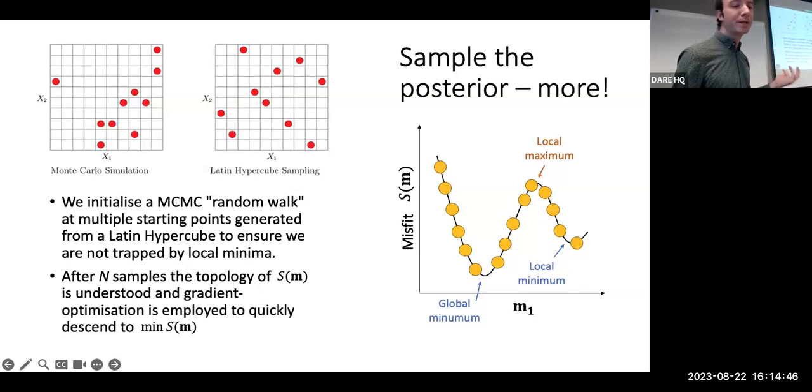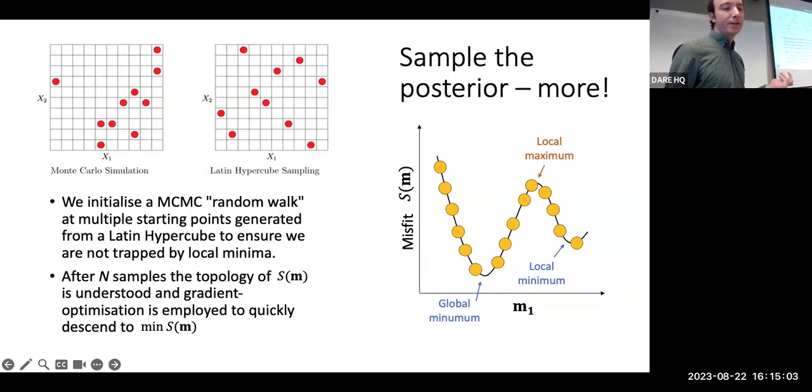The way we do this is using a Markov chain Monte Carlo technique, which is like a random walk. You start off with one solution, and then, using a Markov chain, you step towards a better and better solution.